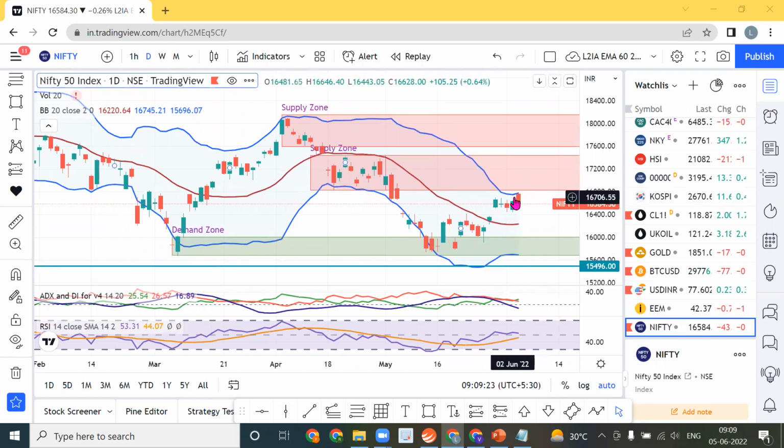So it is on the upper band of the Bollinger curve. After a long time, it has moved to the upper band. You can see on 4th April, it was up, and now once again it is moving up. But the overall level of the market is much lower than what we have seen earlier.